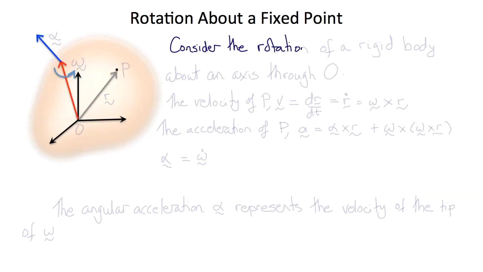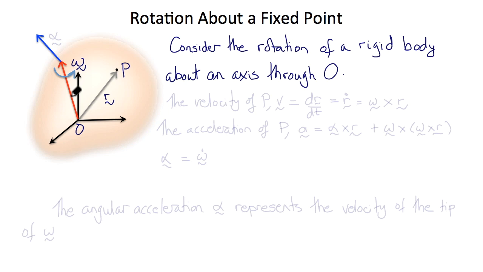Let's consider the general rotation of a rigid body about an axis through the origin O. At a point P with position vector r, the angular velocity is omega and the angular acceleration is alpha. The velocity of point P is v, which equals dr dt, or r dot, and is equal to omega cross r.